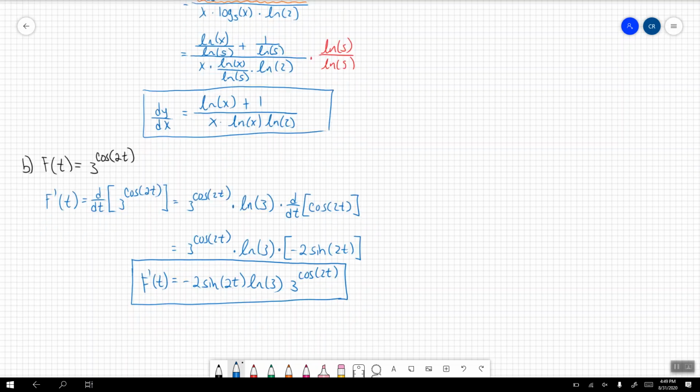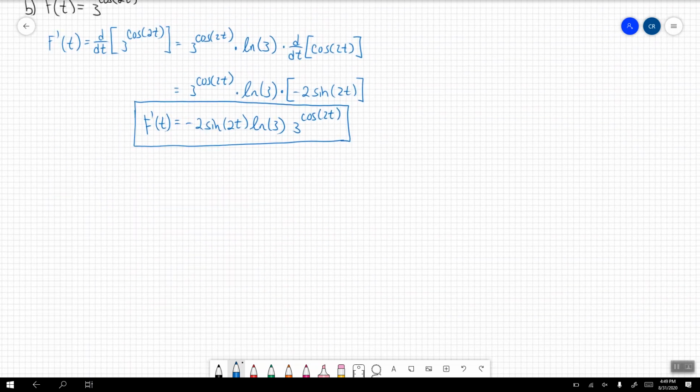Okay, so one of the questions now that we want to focus on is how do we differentiate this function here where we have y is equal to x to the power of x.